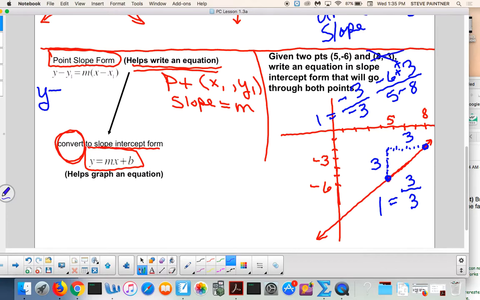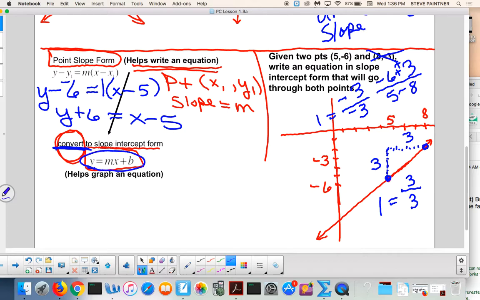Okay, so if you do that, it's y minus what? Negative 6 equals the slope 1 times x minus what? 5, okay. And of course, this makes y plus 6 equals what? X minus 5. And then you solve, convert to what?